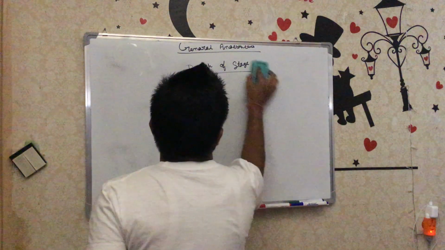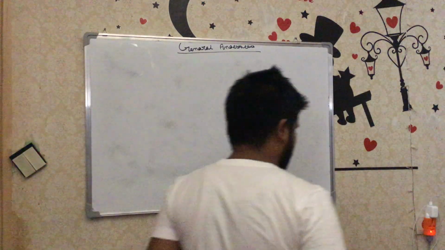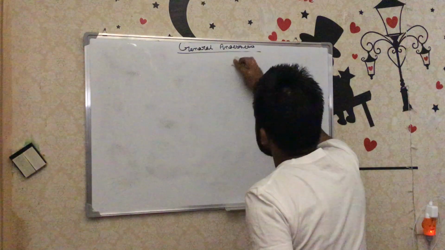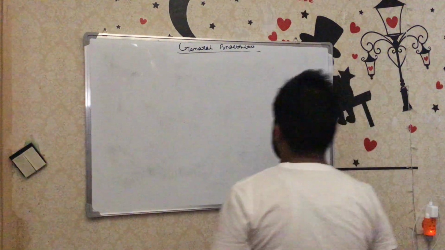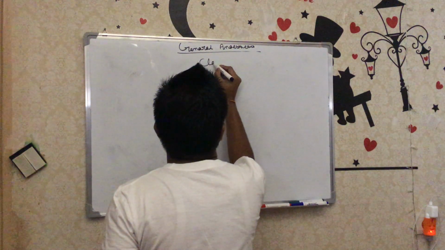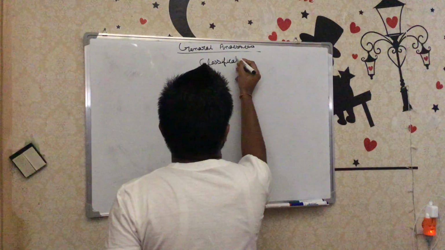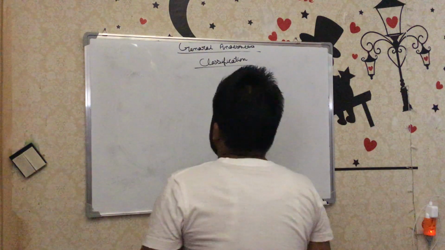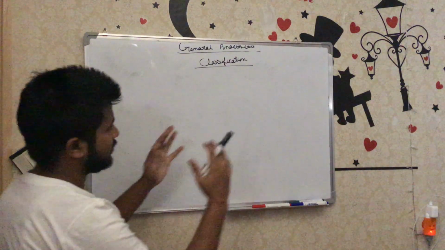Now we'll discuss the classification. Of course it's important because it's pharmacology. The general anesthesia is divided into two types: first inhalational and then intravenous.